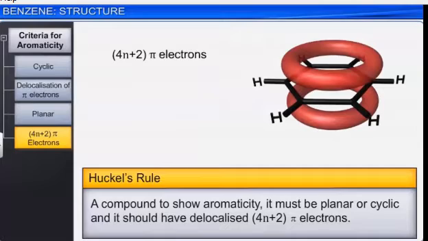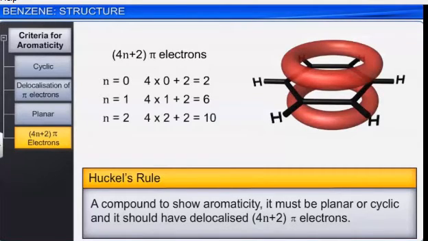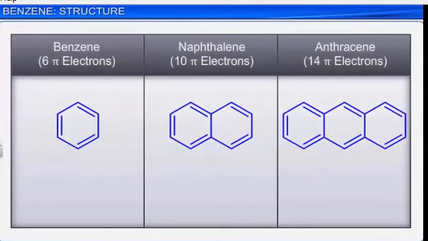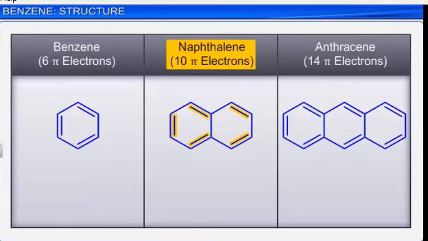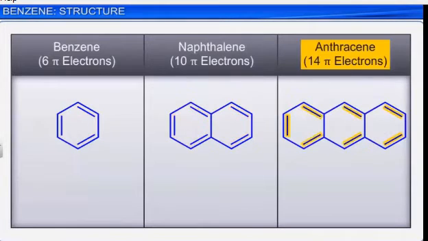Examples of aromatic compounds are benzene with 6 pi electrons, naphthalene with 10 pi electrons, and anthracene with 14 pi electrons, when n is equal to 1, 2, 3, respectively.